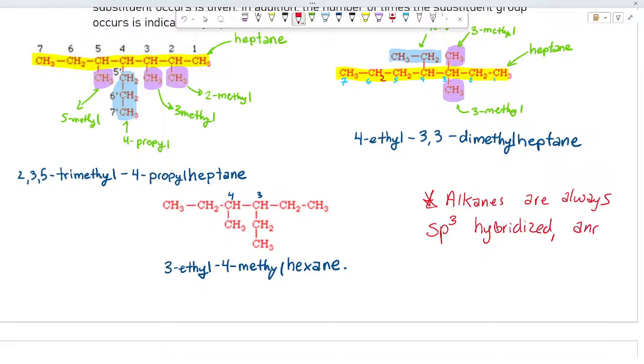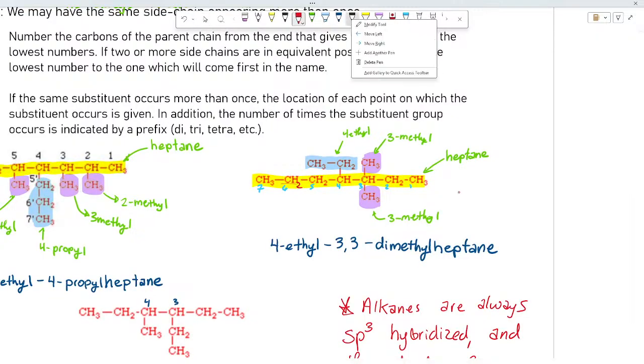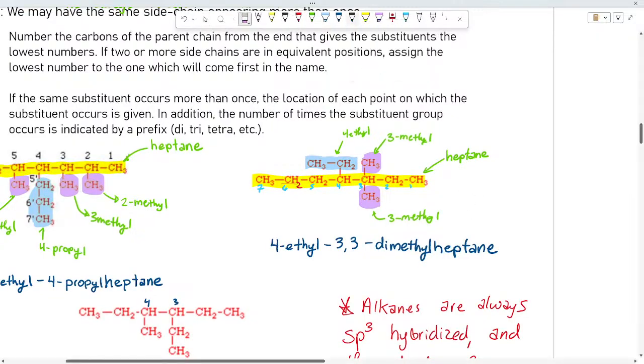And their bond angles are always what? Very good. Which is why we draw them usually just like this, but the actual more accurate drawing is that skeleton drawing. By the way, if we were to do this one as a skeleton drawing, which is 1, 2, 3, 4, 5, 6, 7.